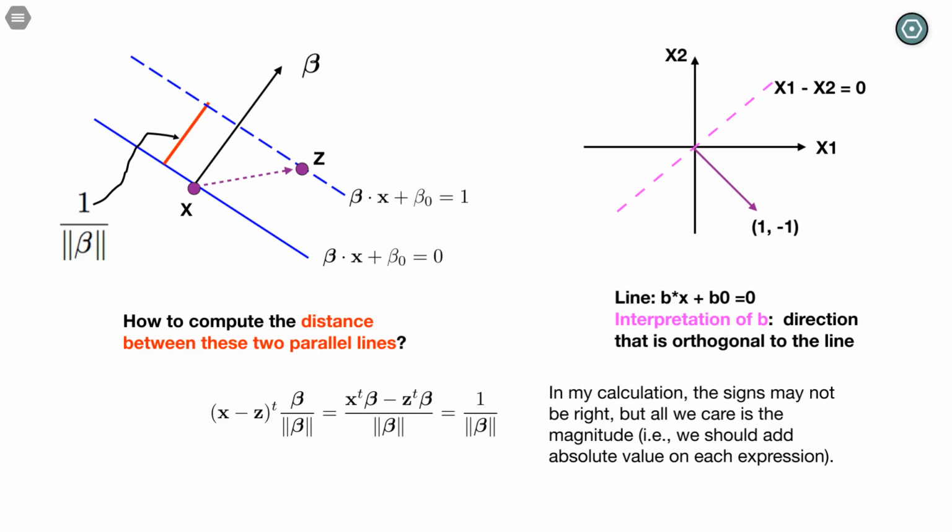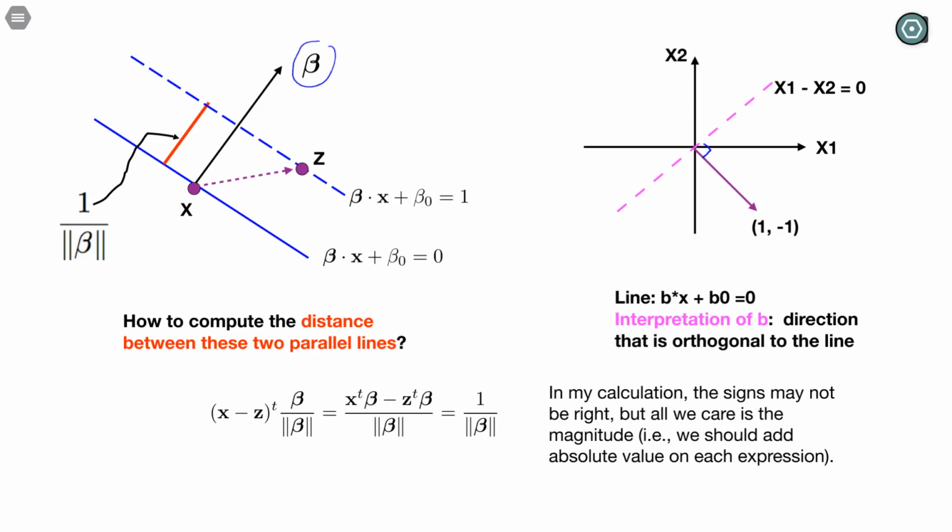And you can see this is a vector that is perpendicular to the line. So back to our problem, where we have our beta and we have the 2 lines, the solid line and the dashed line, you're going to find out beta is basically a vector which is orthogonal to both lines.